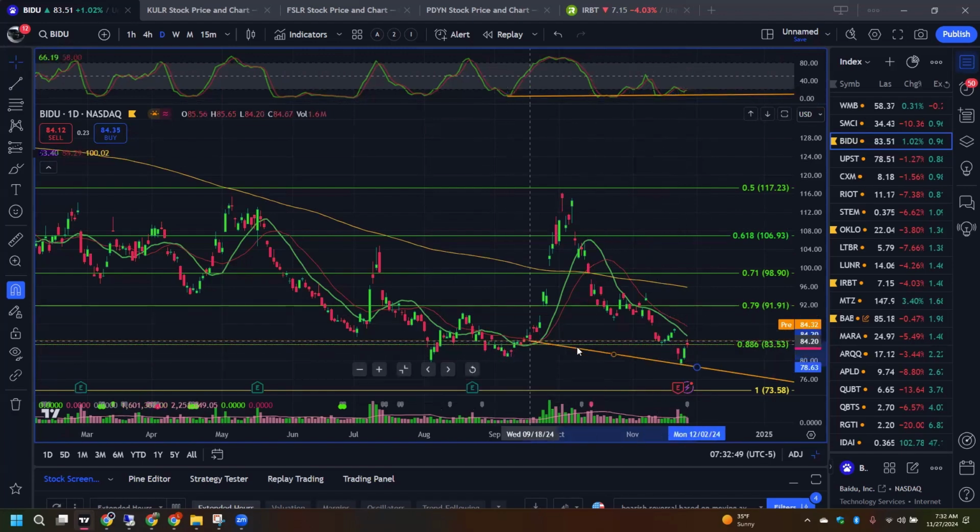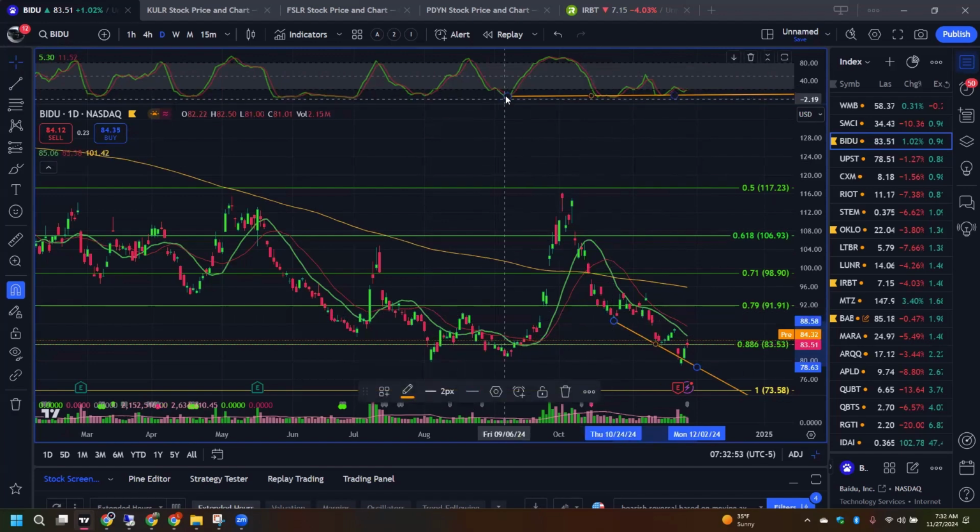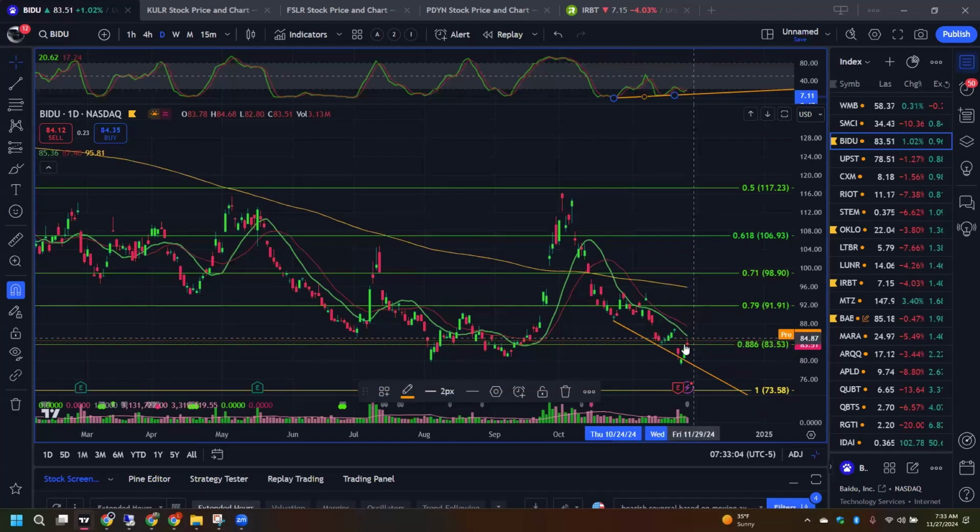So that's a little bit of divergence. If you wanted to use closer points, just make sure that you're using the same points. Sloping up, sloping down. We've got some bullish divergence.